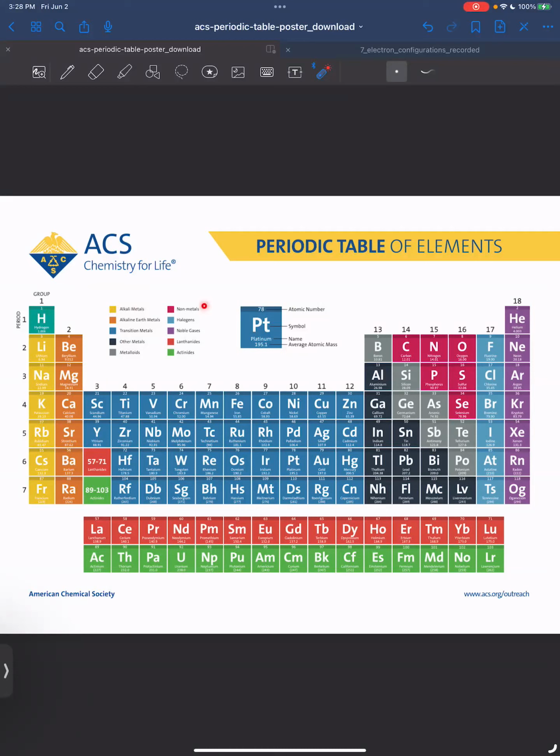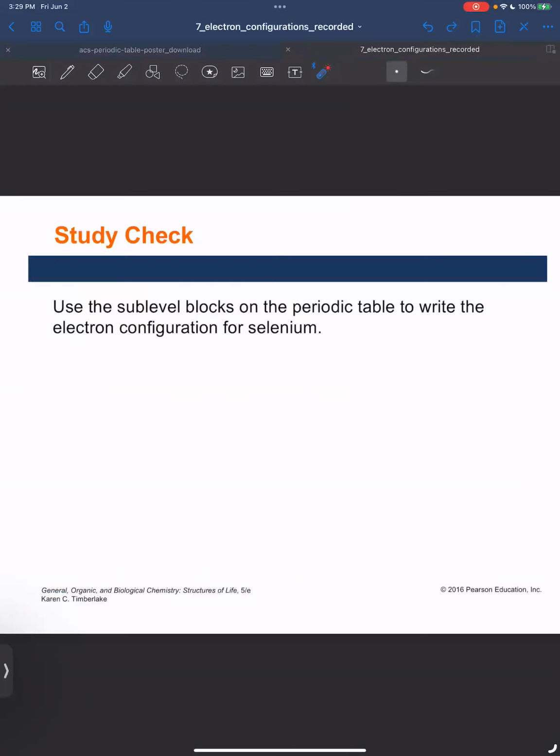So I know it's 1s2, 2s2, 2p6, 3s2, 3p6, 4s2, 3d10, 4p, 1, 2, 3, 4.